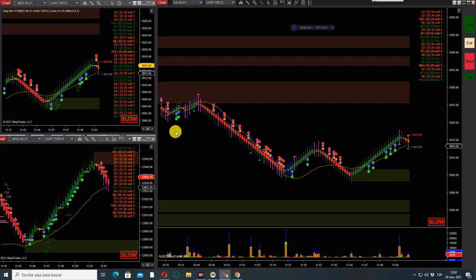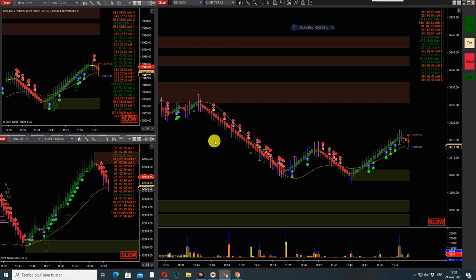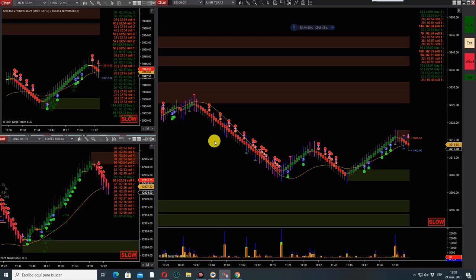That's the main problem of traders who have too many charts and their eyes are everywhere. It's very difficult, you cannot do that. If you want to be profitable in this market, you need to have just one, two, or three charts, with multiple instruments in the same chart.